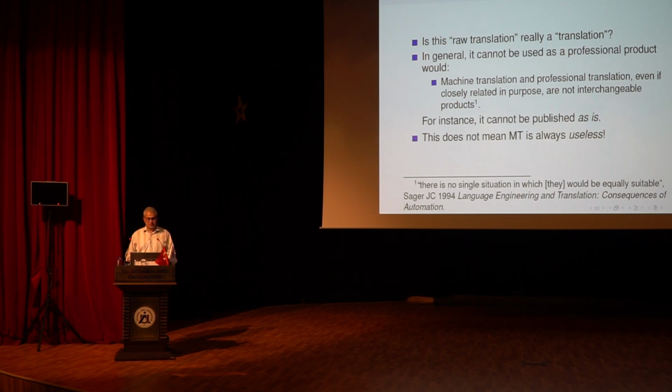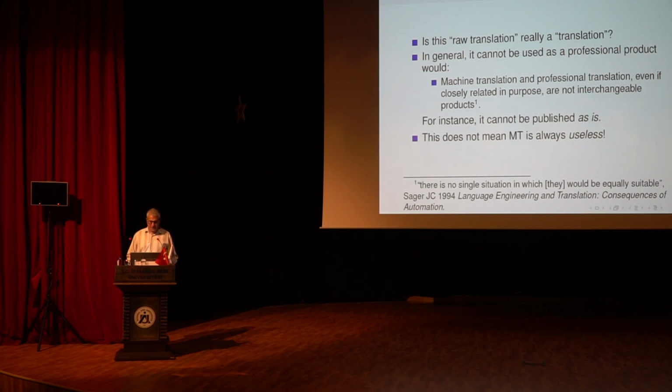Generally, machine translation cannot be used as a professional product would. So, most of the time, machine translation and professional translation, even if they are closely related in purpose, are not interchangeable. For example, most of the time, except for some minor percentage, machine translation output cannot be used as is. And this does not mean that machine translation is useless.